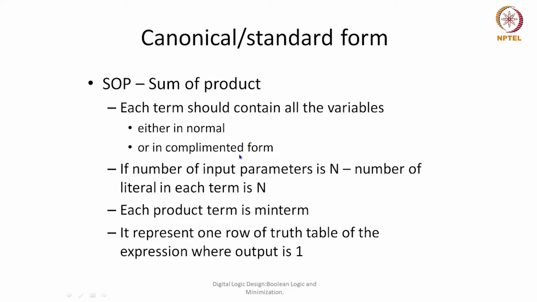In other words, if there are n variables in the function, then each term will have n literals. A literal means a variable present either in its original form or in the complemented form. So there have to be n literals in each product term.